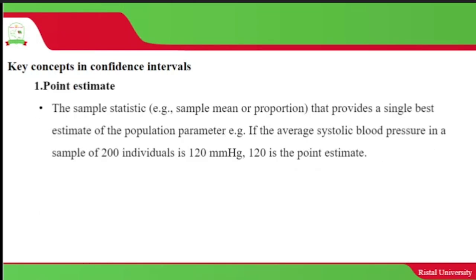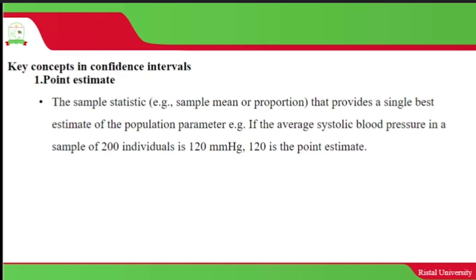So what are the key concepts to pick when you think about confidence intervals? We have the point estimate, which is the sample estimate that we've been looking at, that sample statistic. It represents the single best estimate of the population parameter based on the sample.